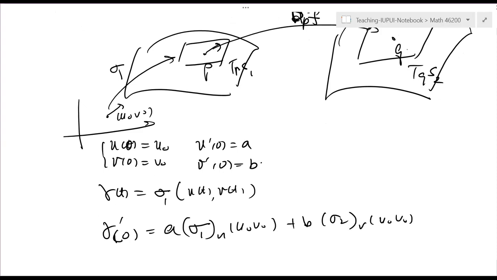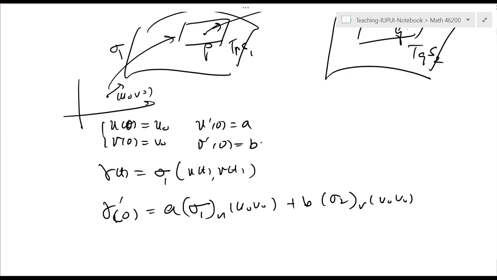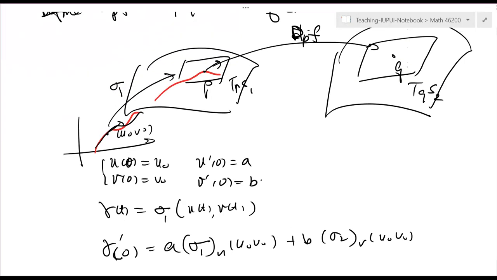So it's a linear combination of these two vectors. So now you have a curve here, right? Remember the picture, we have a curve here, but this curve will be sent to another curve here.